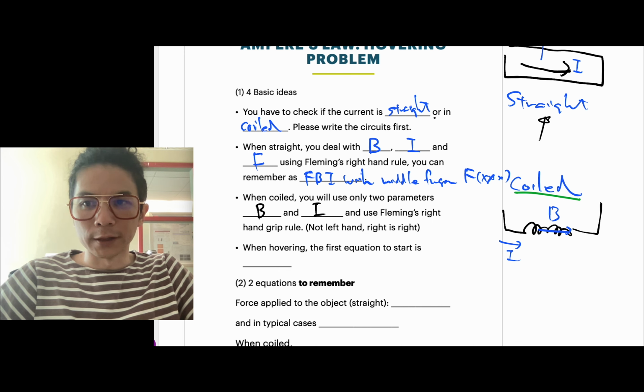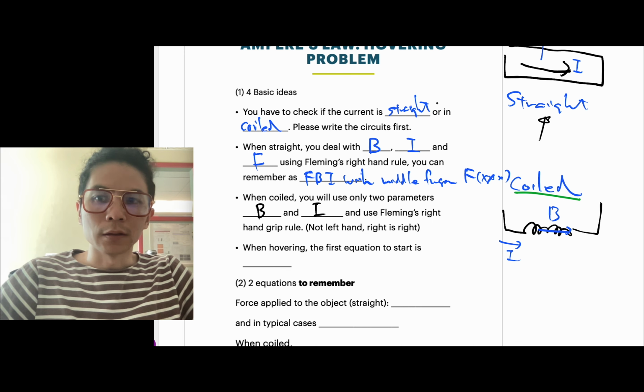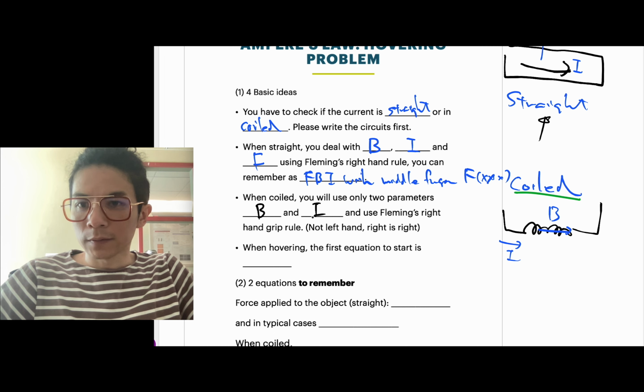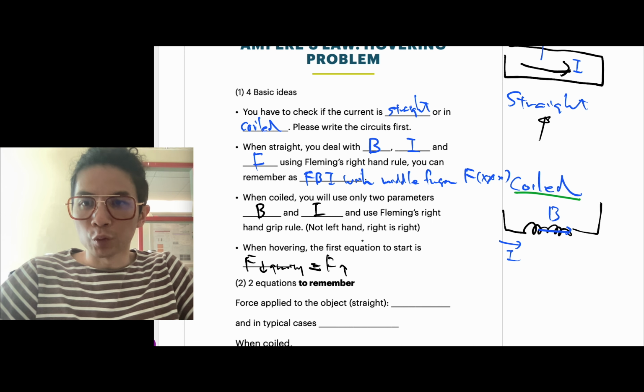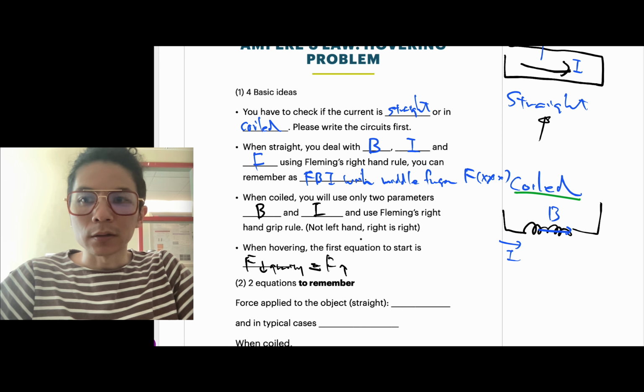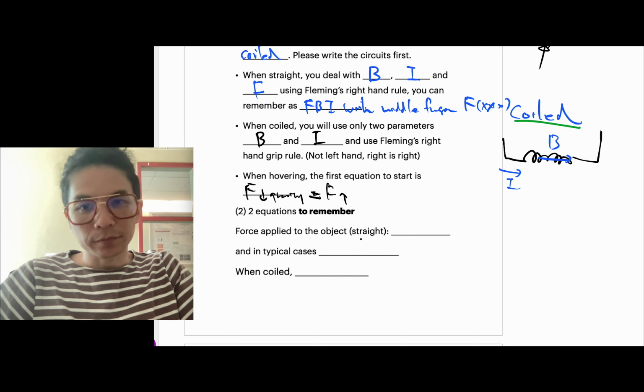So basically the object is hovering, and in this case the first equation you have to start with is that the force downward, usually gravity, and the force upward are balanced, which means you can equate force downward and force upward. This is a good tip to solve a problem.